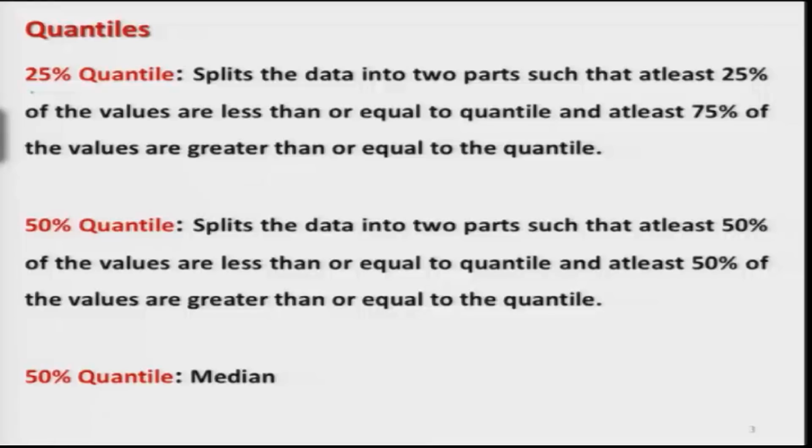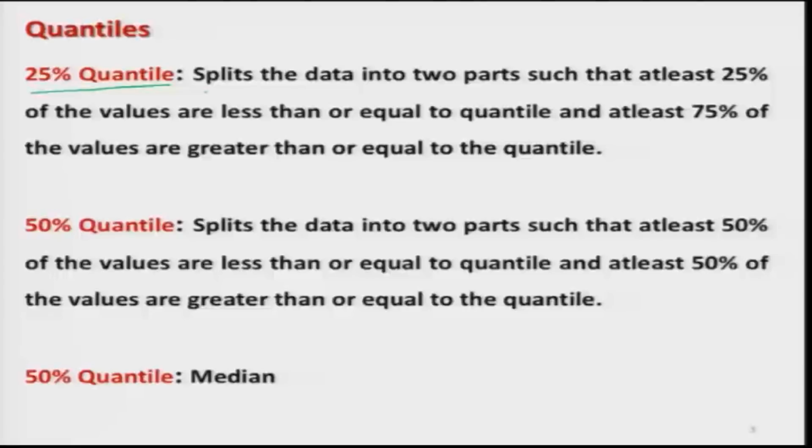So, for example, if I say 25% quantile. If you remember the definition of median, the median was the value which splits the data into two parts such that at least 50% of the frequencies are lower than that value and 50% are more than that value.